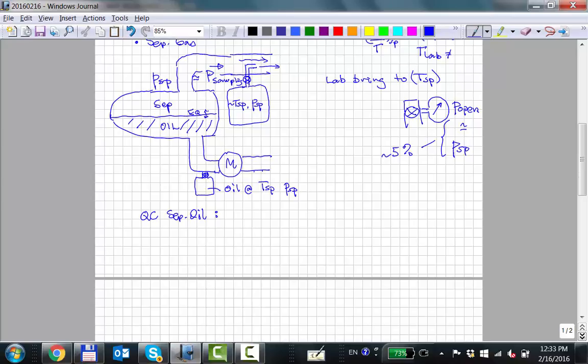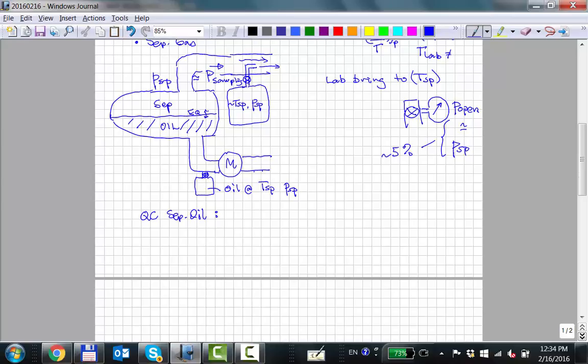It's anywhere in the system. It's down in the reservoir, it's in the separator, it's in the production pipe. If you've got gas and oil flowing around, mixing together, they're in equilibrium. The oil, by itself, is at its bubble point. It's fully saturated with gas. The gas is fully saturated with the oil. So the gas is at its dew point.